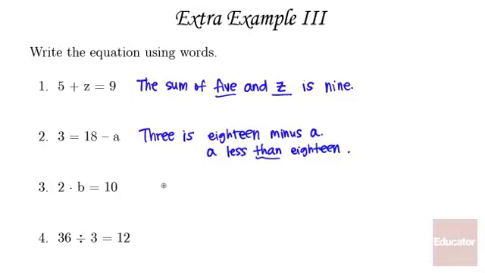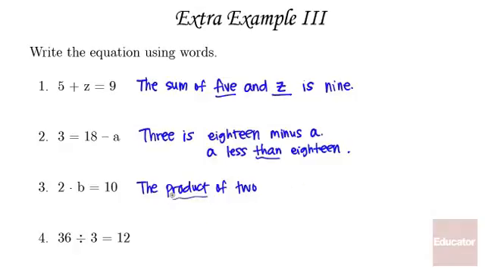The next one, the product of 2 and b, or you can say 2 times b. The product of 2. Now, be careful. You're not going to say 2 times b because you already said product, right?